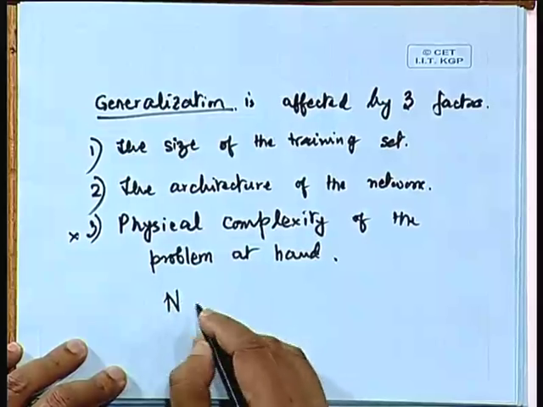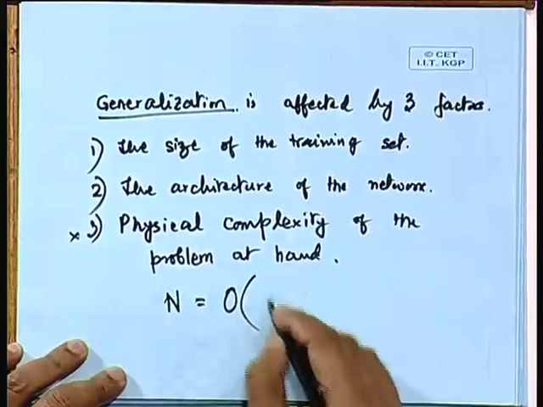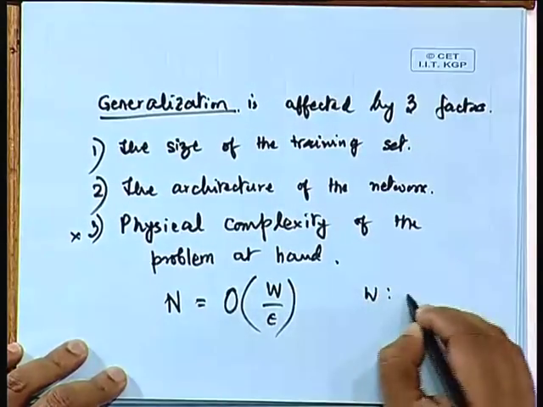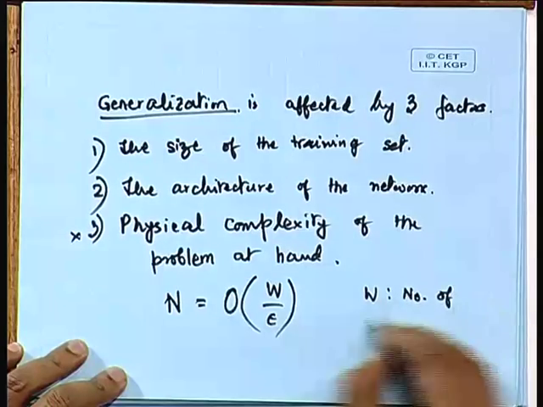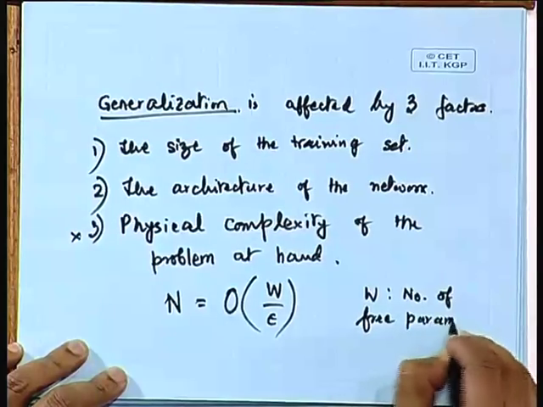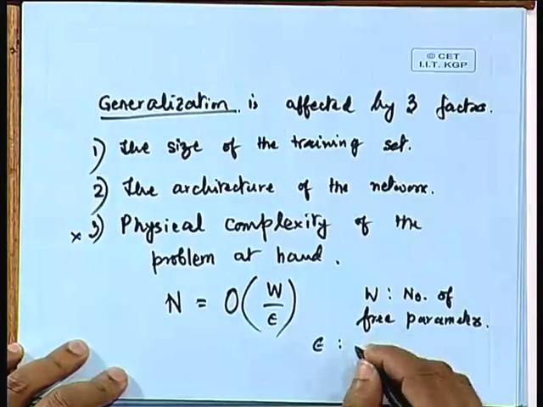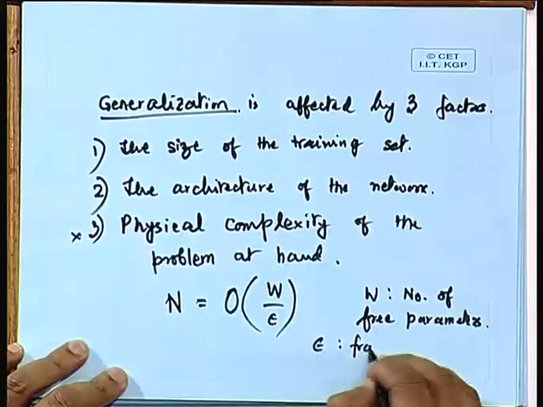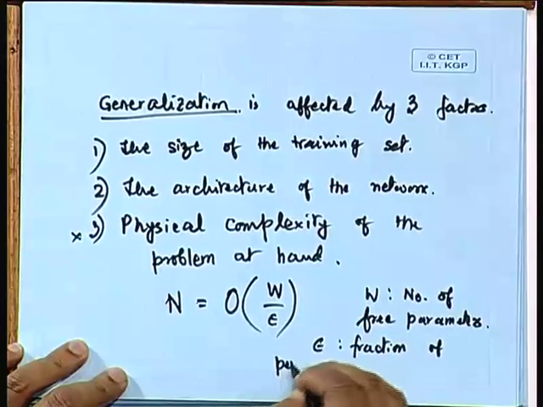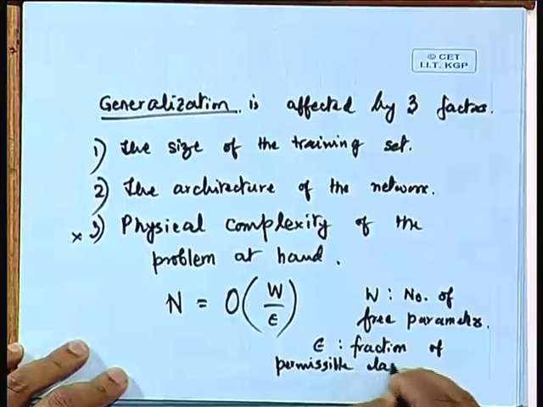then the size of the training set, n, will be given by the order of W by epsilon, where W is the number of free parameters in the network and epsilon is the fraction of permissible classification error.